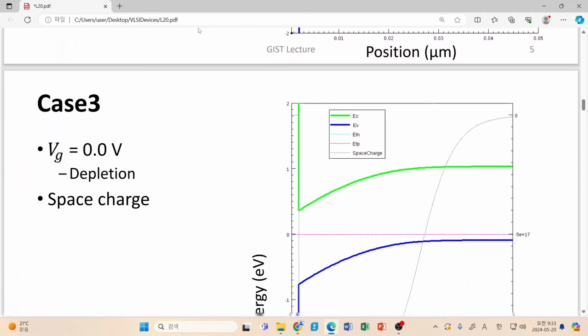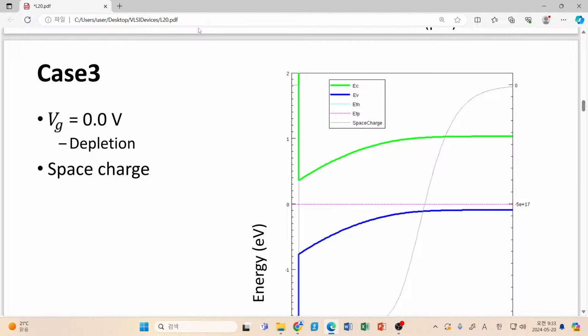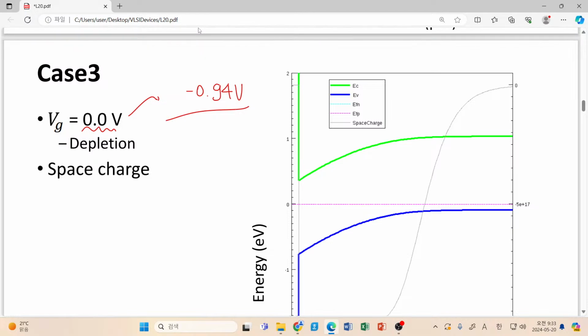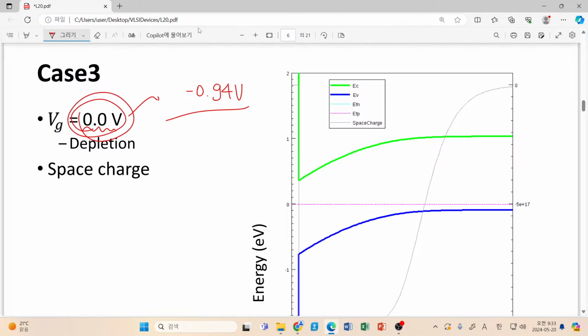So now let's go to the third case, gate voltage equal to 0. If this is just a MOM capacitor, metal and metal sandwiching our oxide layer, then in this case we will have a neutral condition. But now we understand, since this is a MOS capacitor, that -0.94 volt is the condition for neutrality, and it means that even though we have 0 volt, it is already 0.94 volt positively biased from its neutral condition.